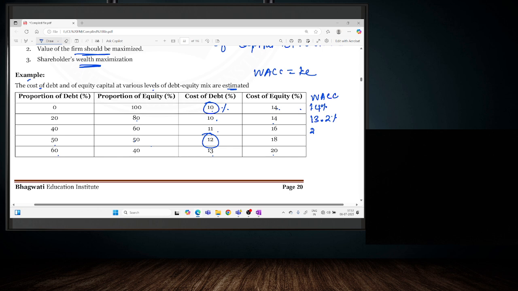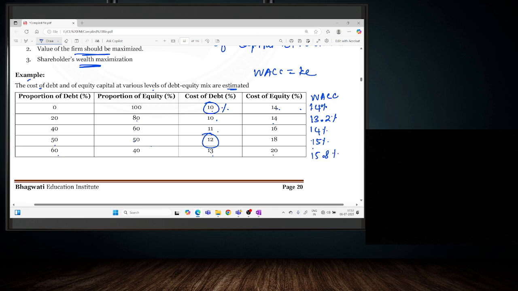Exactly 14. 0.4 into 0.11. So 4.4 and yeah, exactly 14%. Okay. Next. Next.